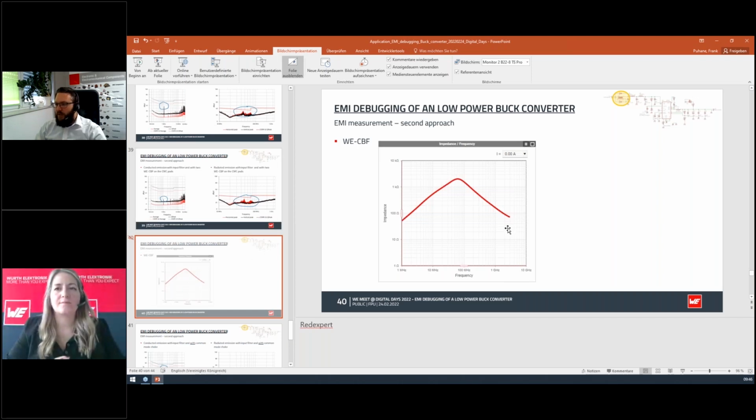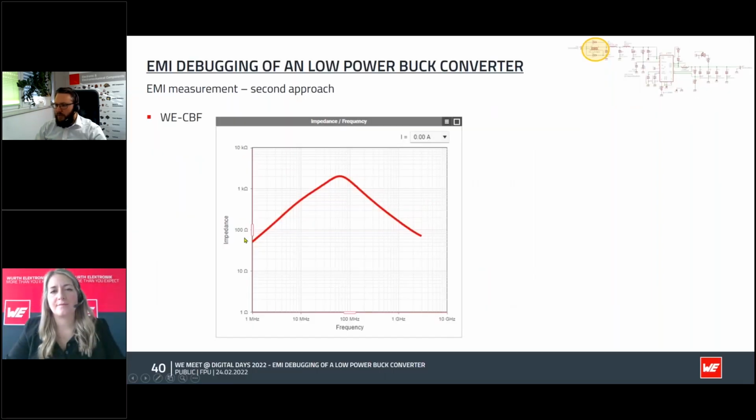This was the performance curve of the ferrite. At 1 megahertz, I have this 100 ohm here, or more or less 100 ohm, and also for higher frequencies. But please keep in mind that when there's some current flowing, it starts to saturate and the attenuation goes down.